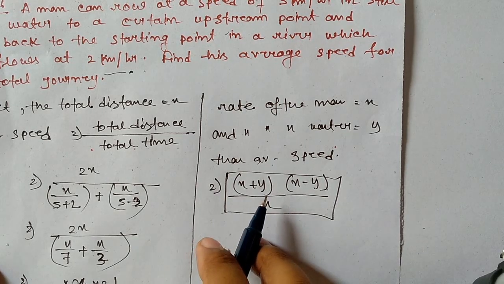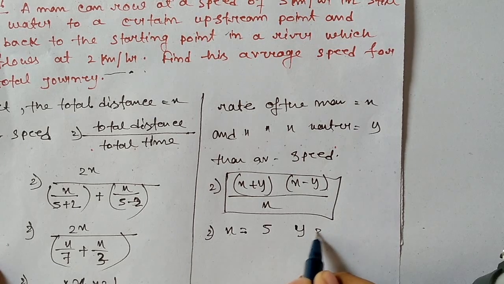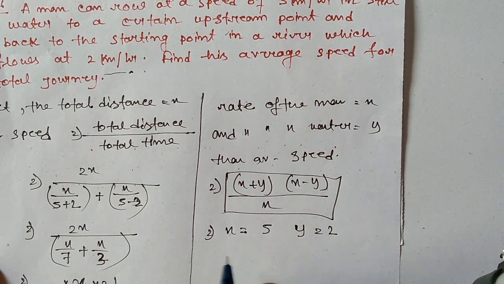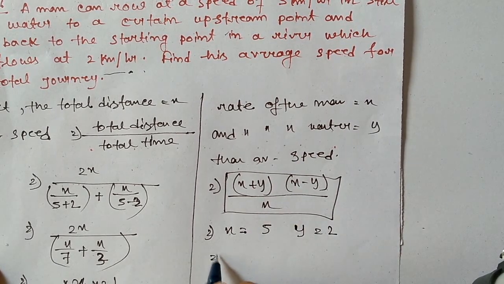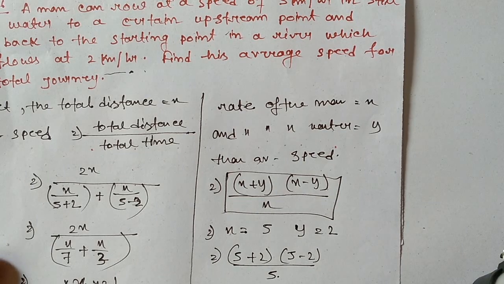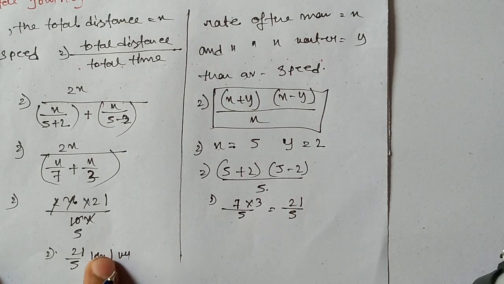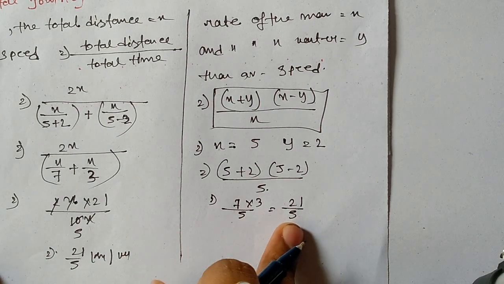By putting x equal to 5 and y equal to 2, let me put the values into the equation: (5 plus 2)(5 minus 2) by 5. This gives us 7 into 3 by 5, which means 21 by 5. So this also comes to 21 by 5.